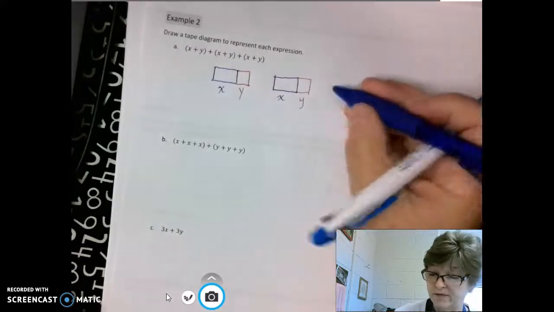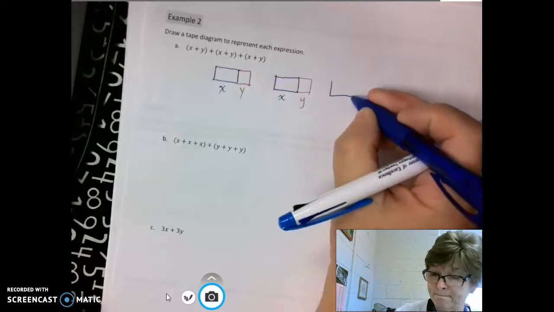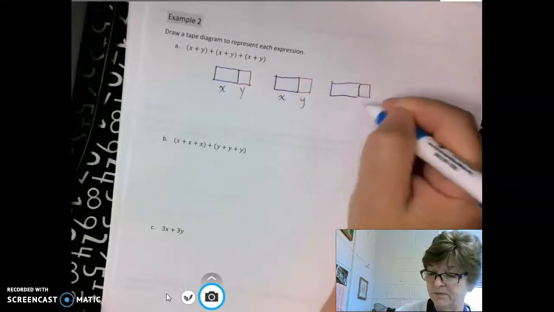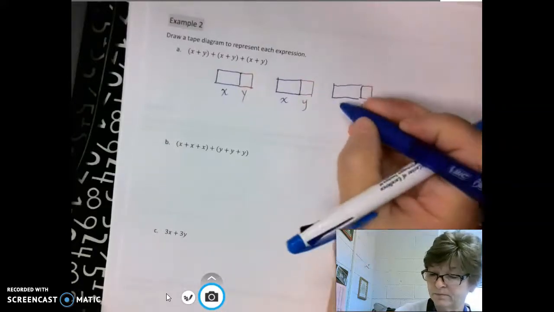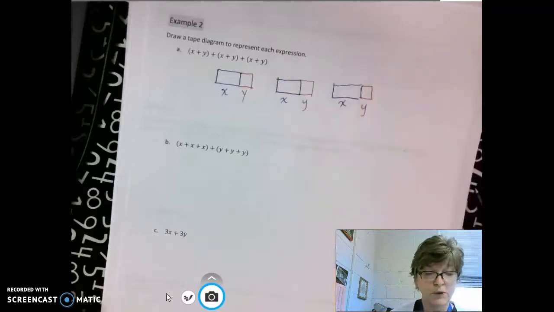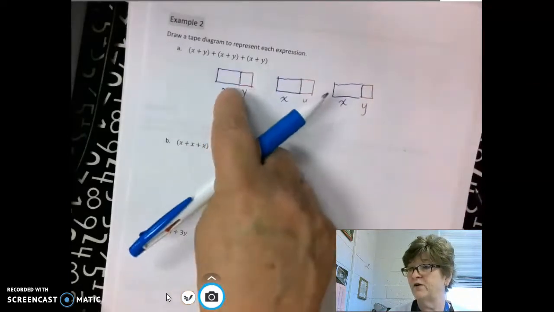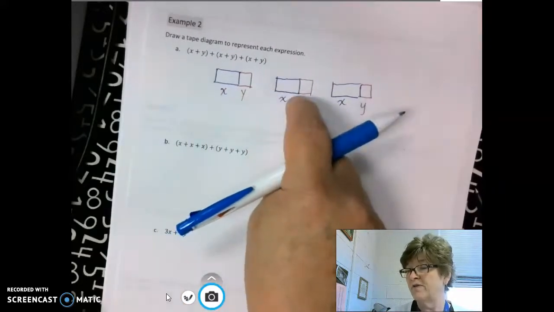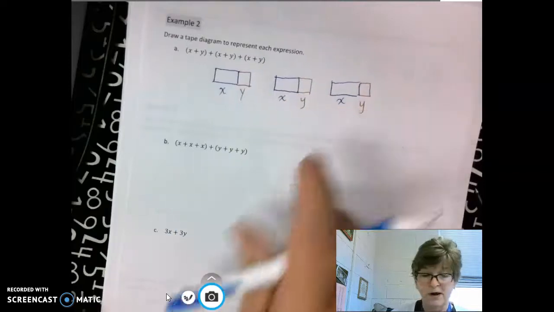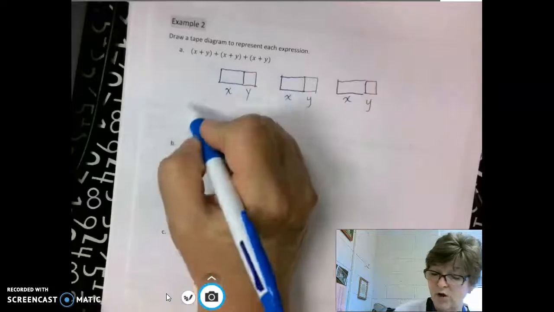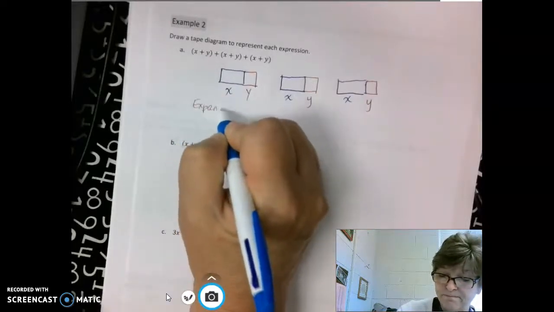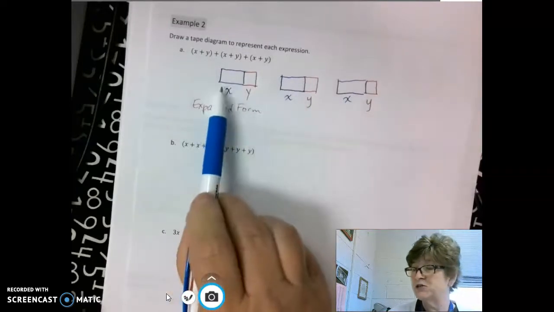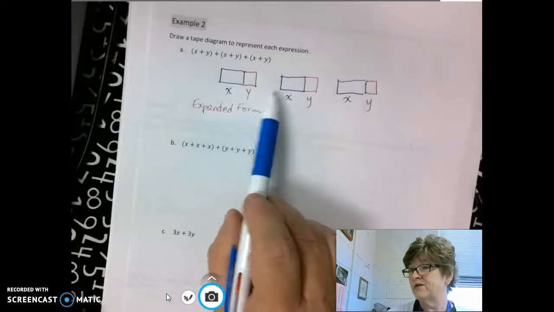And one more of these. That's not the most accurate picture. So when we look at these, we can see that I have a group of x plus y, and another group of x plus y, and another group of x plus y. This is called expanded form. And it's expanded because we're seeing every individual x and every individual y.